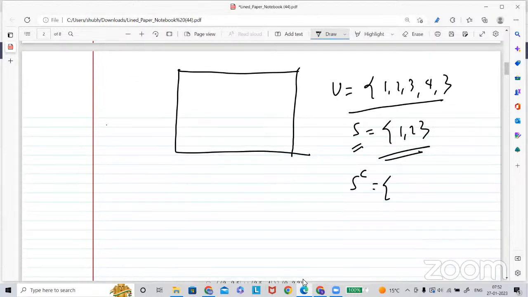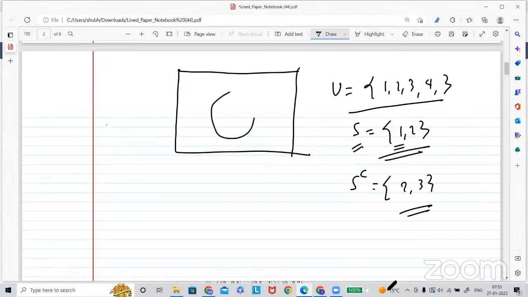So the complement of this set is: you collect those elements which are not in this set, so 3 and 4 should be in it. This is going to be your complement.